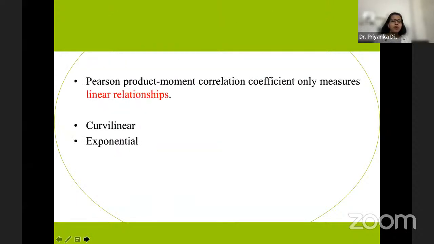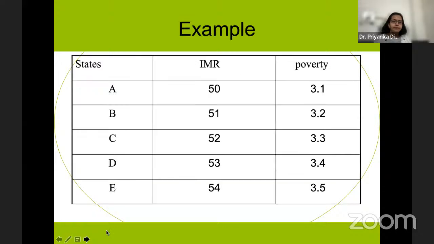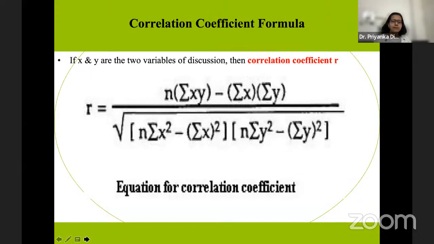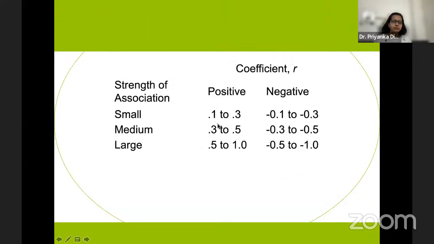So broadly a range has been given. If your correlation values are between 0.1 to 0.3 or between -0.1 to -0.3, you can say the relationship is weak. And depending upon the positive or negative sign, you can say whether it is a negative or positive relationship.